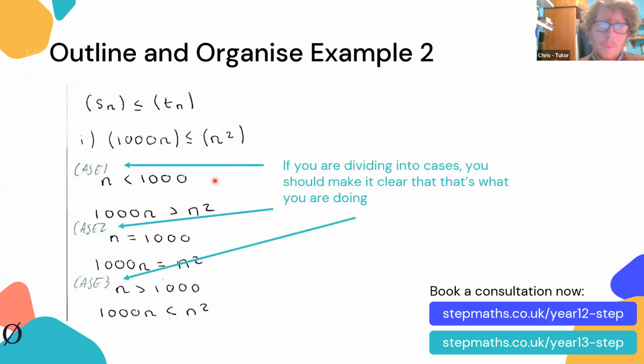This one, here they're trying to show, this is notation for showing that all the elements of one sequence are less than elements of another sequence. And they're basically dividing into cases, the cases where n is less than 1,000, equal to 1,000, greater than 1,000.